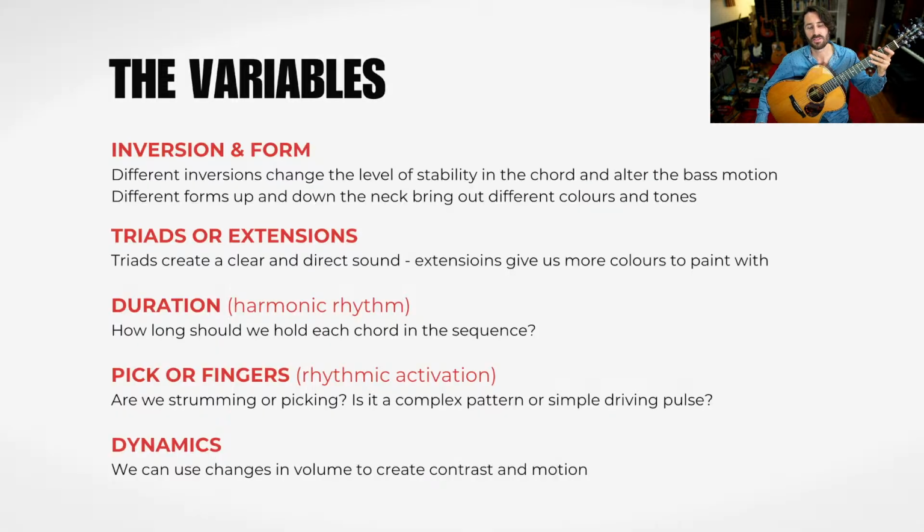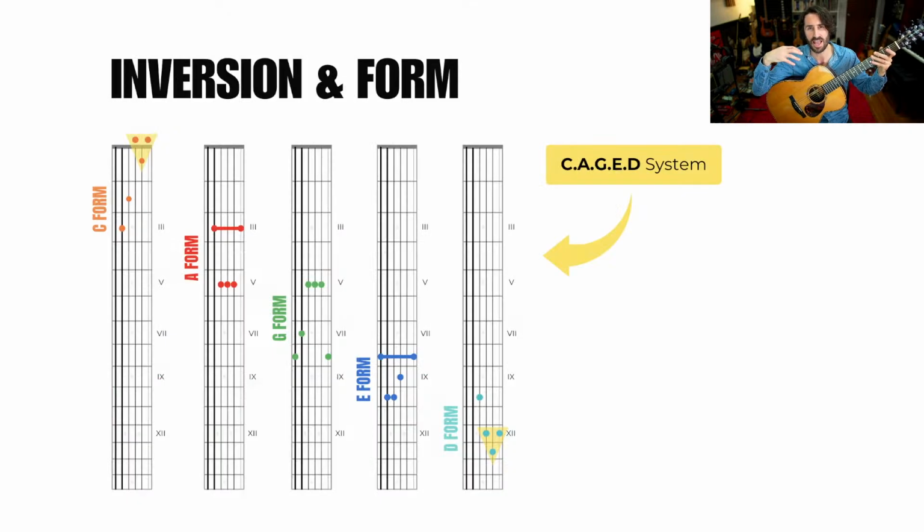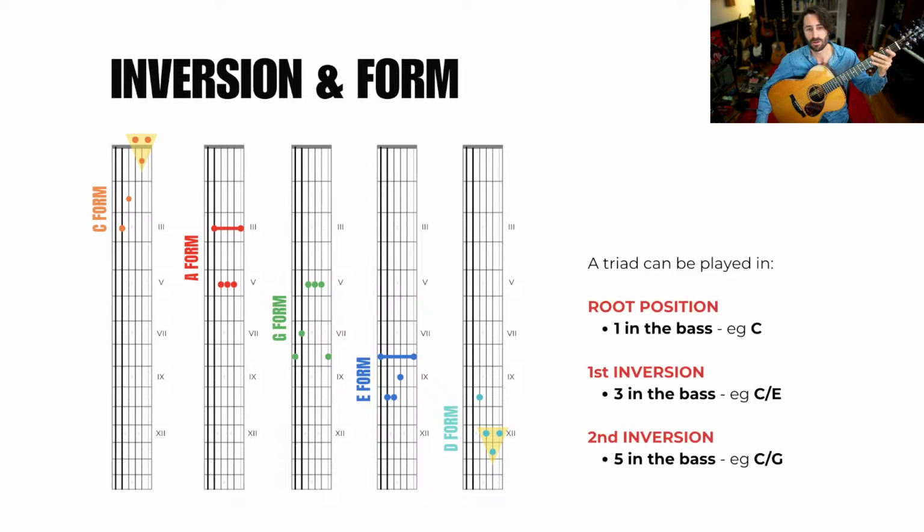So this checklist for me, these variables really represent the way you take very basic chord sequences and reimagine them and re-energize your playing and your songwriting through some interesting experimentation, including the inversions.